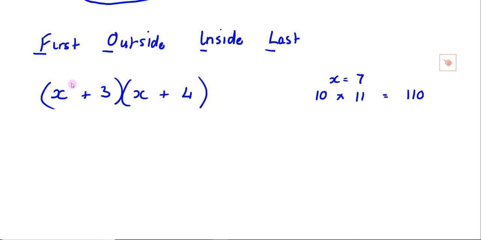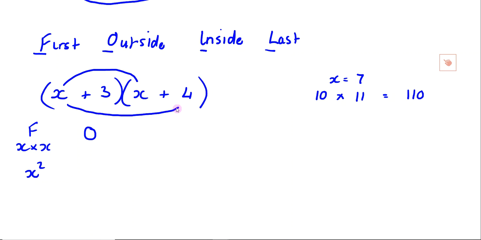So we expand these brackets and we say x times x, so we do the firsts. X times x gives me x squared. We do the outside, so x times positive 4 gives me positive 4x.